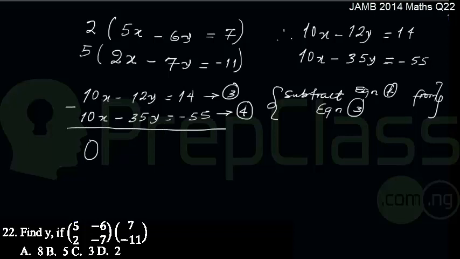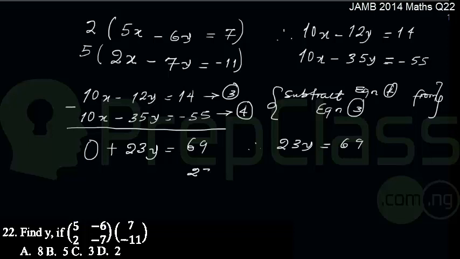Now I have minus 12y minus 35y. Now minus times minus will give me plus. So basically minus 12y minus minus 35y will give me plus 23y. All equal to, this is the equality sign, 14 minus minus 55, that will give me 69. So therefore I would have 23y is all equals to 69.